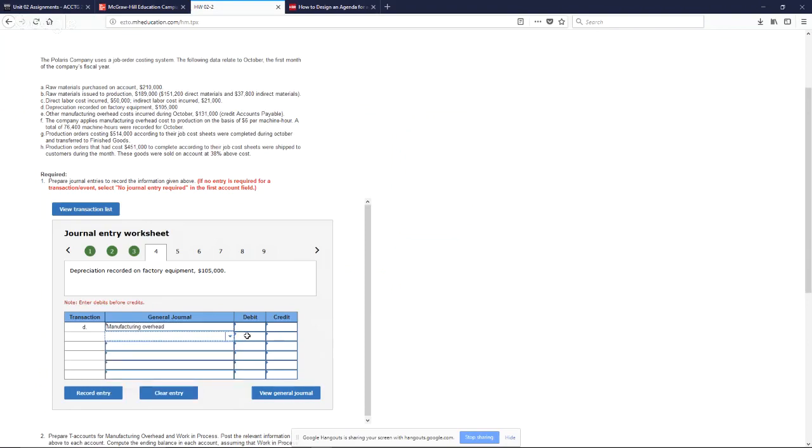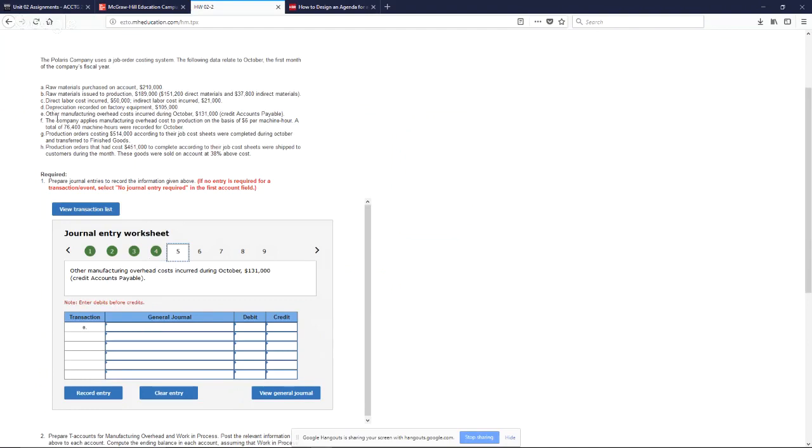Yep. And then a credit to accumulated depreciation. And I remember office equipment is a little different when we do that. It's a different account, if I'm remembering right. Yeah, because it's not manufacturing overhead, right? It's something else. Yeah.